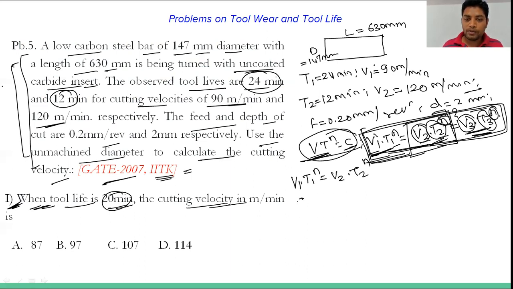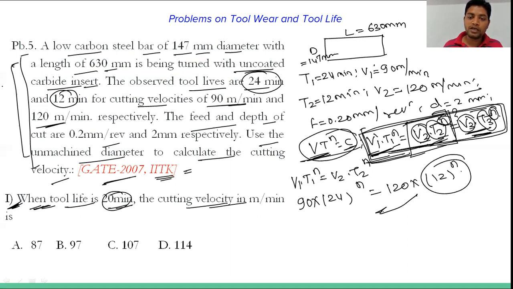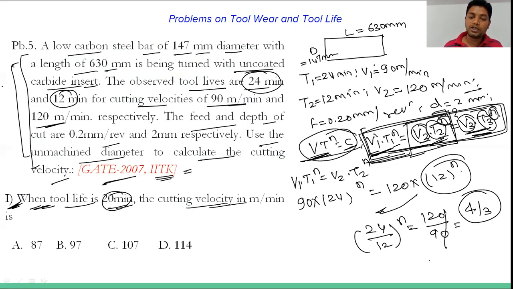V1 की वैल्यू जो है आपकी, that is 90, T1 is 24, n आपको calculate करना है, V2 आपका 120 है, and T2 आपका 12 मिनट्स है. ठीक है, so now इस इक्वेशन को मैं इस term को इधर ले आता हूँ, so this will become 24 by 12 raised to n, and this will be equal to 120 by 90, and थोड़ा आप इसको modify करेंगे, so it will become 4 by 3. ठीक है, so again ln लेना है, so it will be n ln 4 by 3, और ये वाली term this will be 2 times.